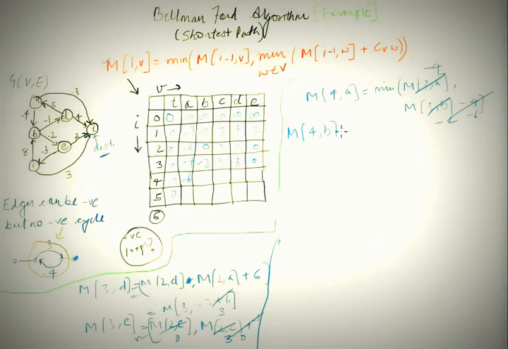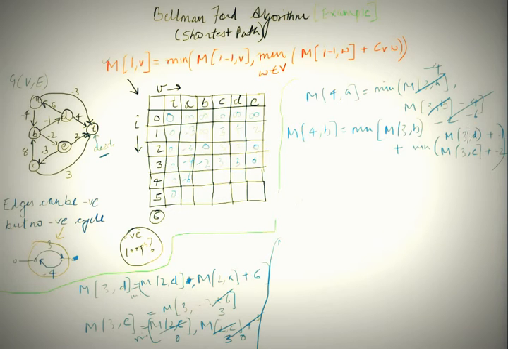Now M4,B is equal to the minimum of M3,B plus, B is connected to D as well as E, so I can in fact take both of them. Minimum of M3,D plus its distance BD, which is minus 1, or M3,E plus the distance BE, which is minus 2.